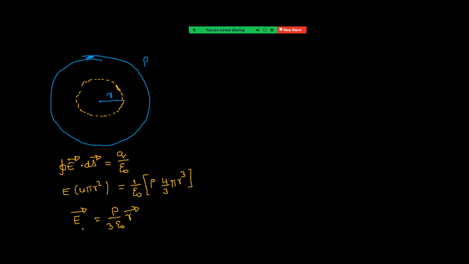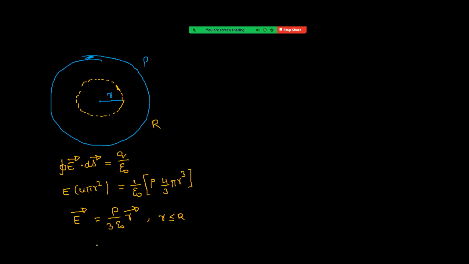That means the field is radially outwards, and proportional to the distance from the center because the remaining terms are constant. This is the field when r is less than or equal to capital R, where capital R is the radius of the sphere.